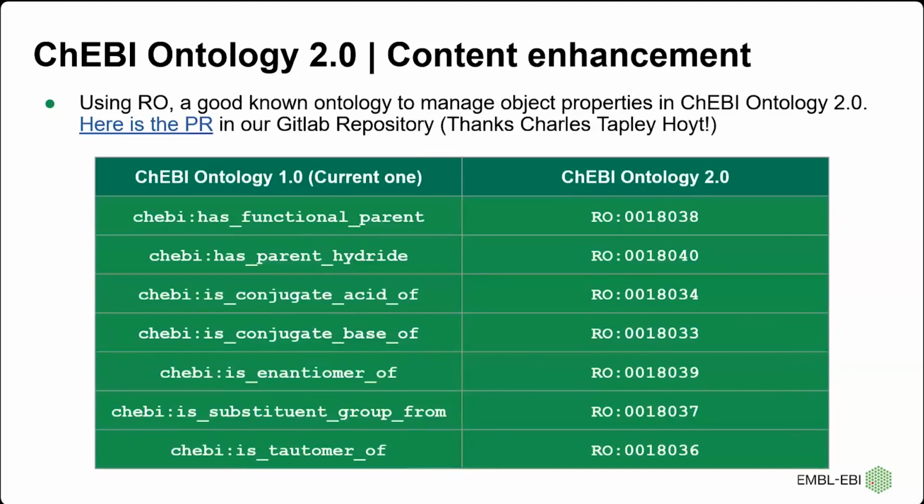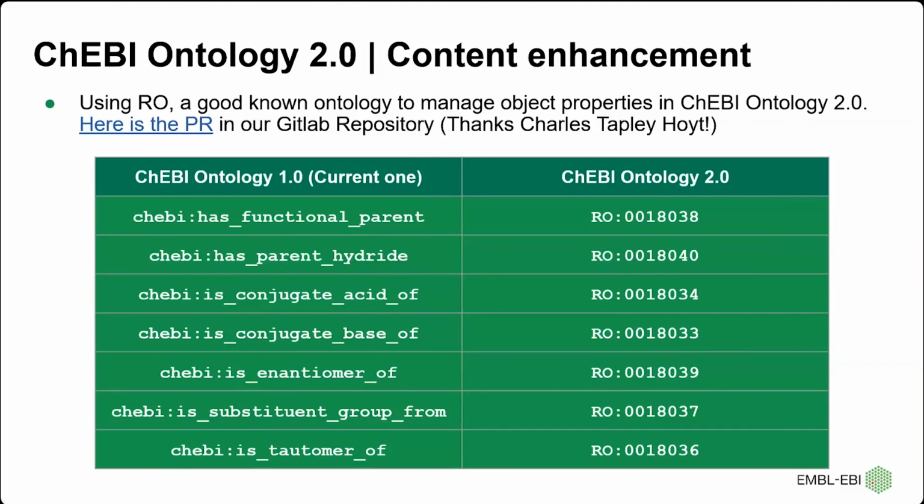Another enhancement is that we are using the RO vocabulary instead of our own chemical relations. We are using RO because it's a generic vocabulary, so it's always great to have this new ontology and well-known vocabularies in our ChEBI ontology as well.